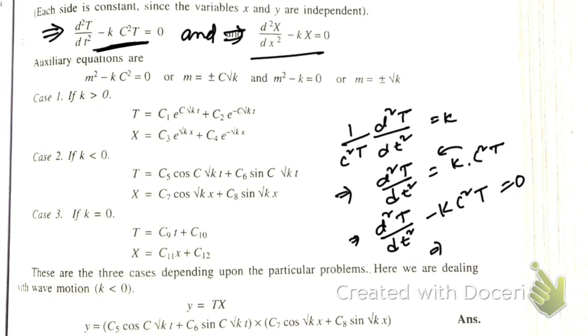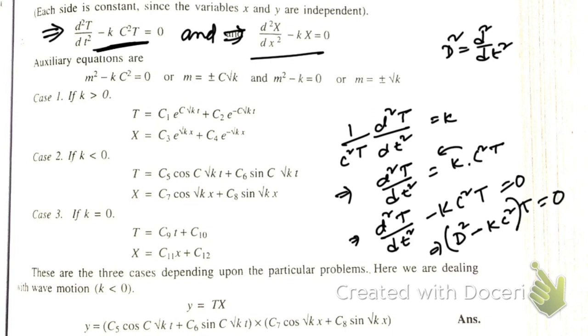Here d square by dt square can be replaced by capital D square, where D represents the derivative and D square represents this. Then minus k c square, and T is taken common.